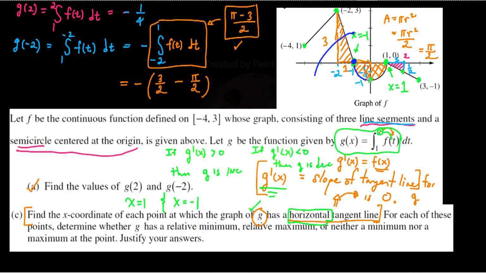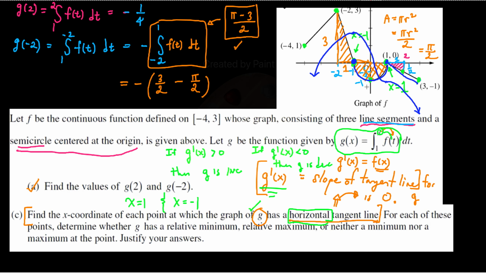Then G prime of x goes negative, and that means G is decreasing, decreasing, all the way to this point where it flattens out. The slope of the tangent line goes to 0, but then it goes right back to being negative, so G must be decreasing again. And this could be a rough sketch of what G looks like.